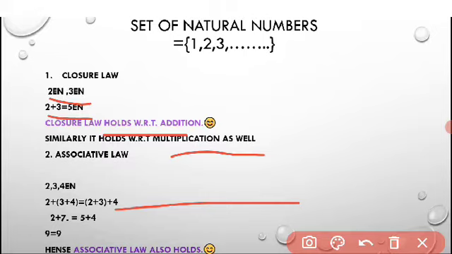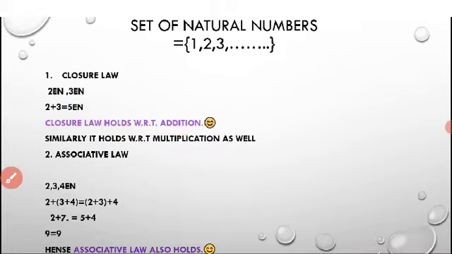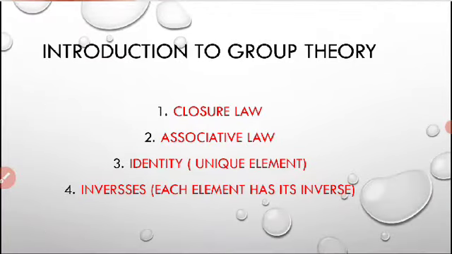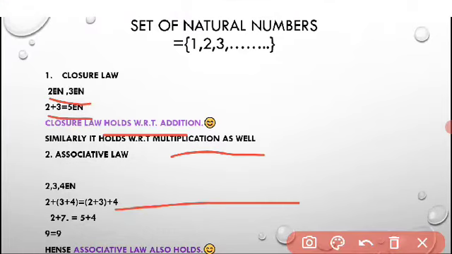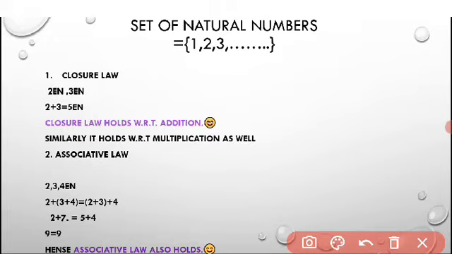Now we check the second property, that is associative law. In associative law we take three elements, 2, 3 and 4, from the natural numbers and apply the associative law. 2 plus 3 plus 4 is equal to 2 plus 3 plus 4. 3 plus 4 is equal to 7, plus 2, and 5 plus 4, that is equal to 9, is equal to 9.